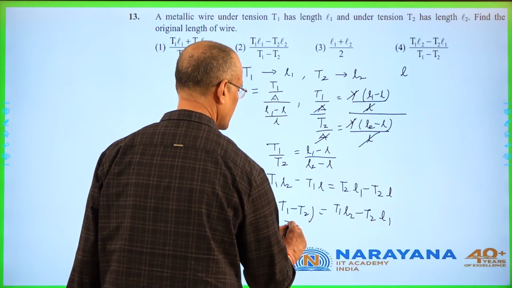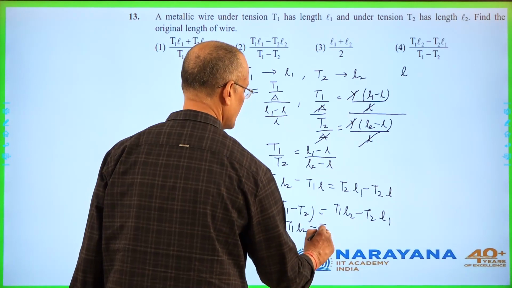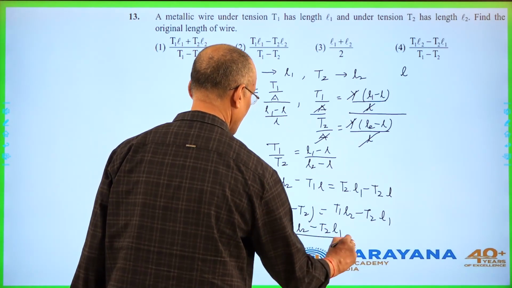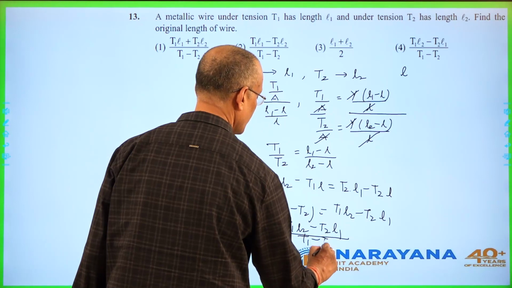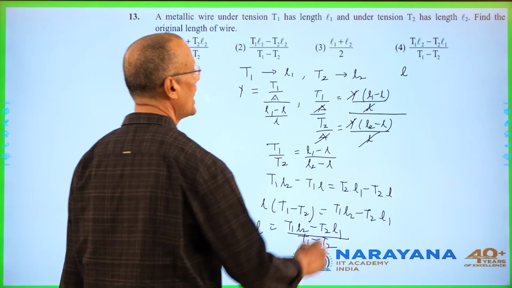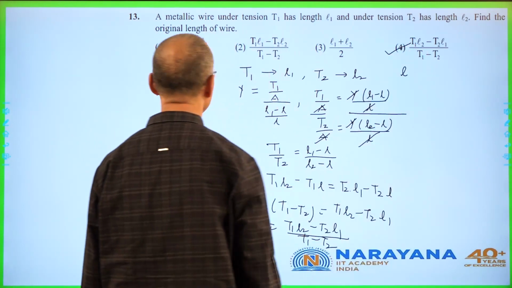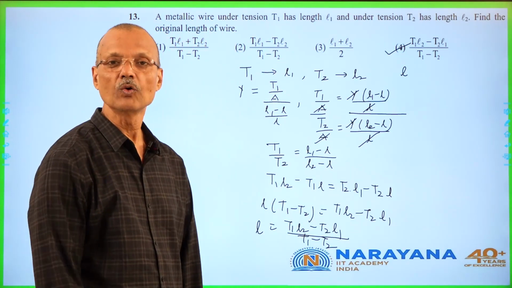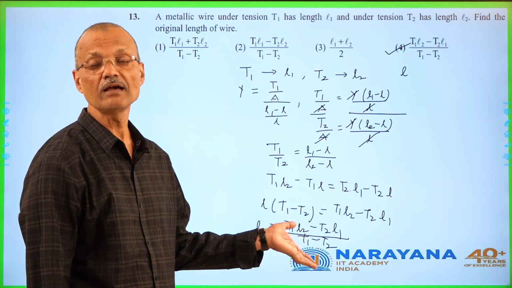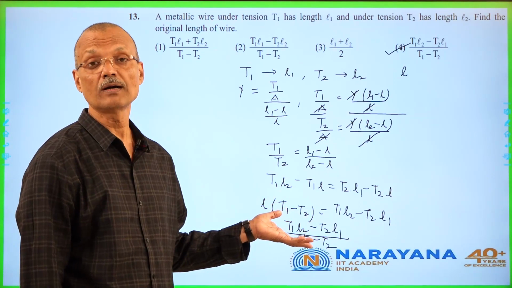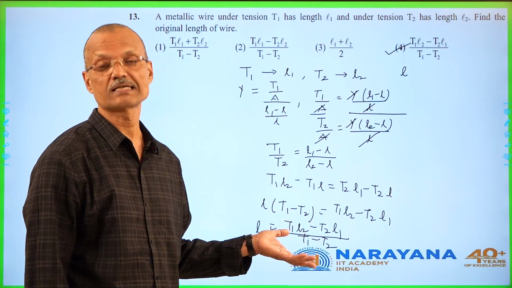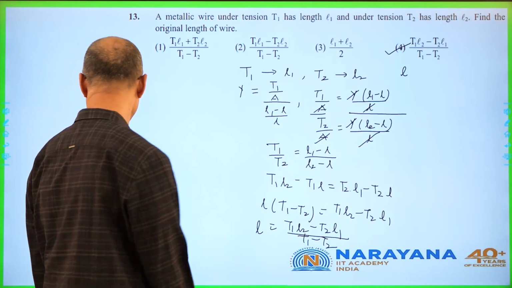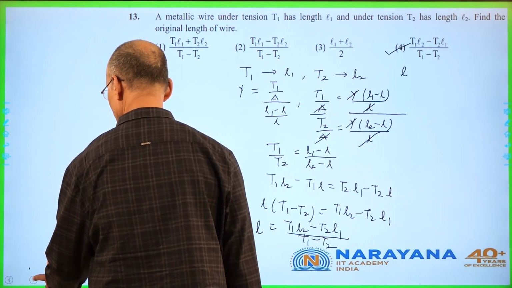So L will become T1 L2 minus T2 L1 by T1 minus T2. The answer will be number 4. I hope you understood clearly. It was a direct formula based problem on Young's modulus of elasticity. Let us move to the next question.